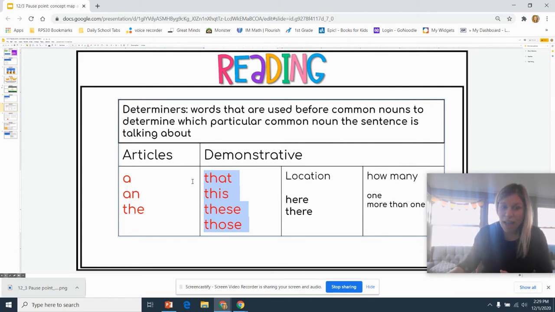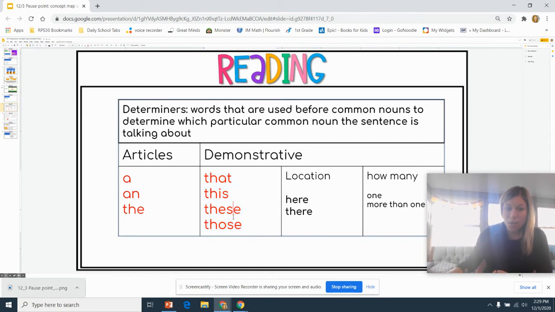So if I'm looking at these words, the word this is telling me it is right here. This is my phone. It's right here. But I might say that is your phone over there. So that would mean over there, far away. This would be close to me, and that would be far away.